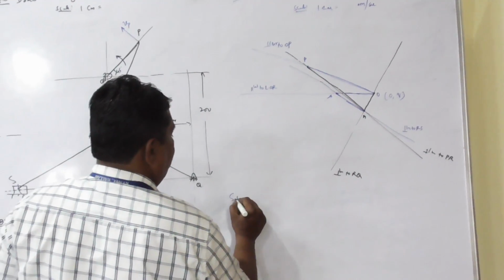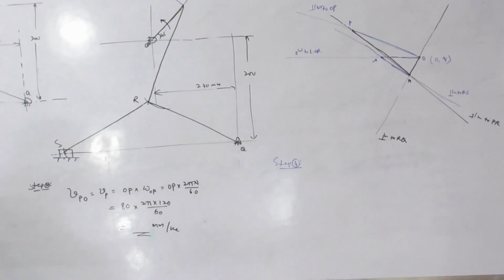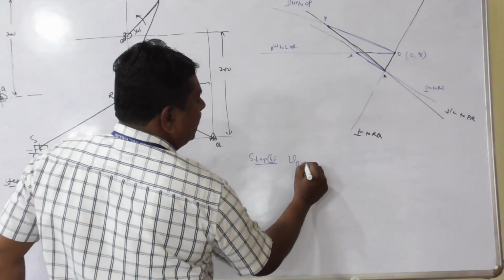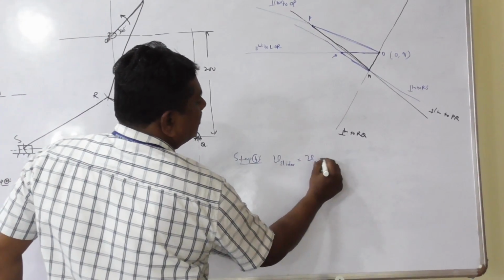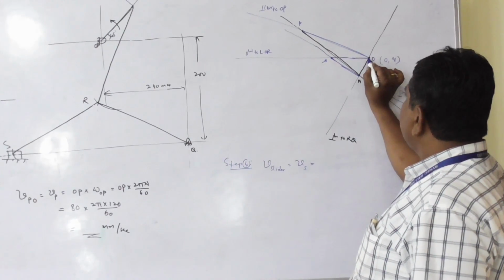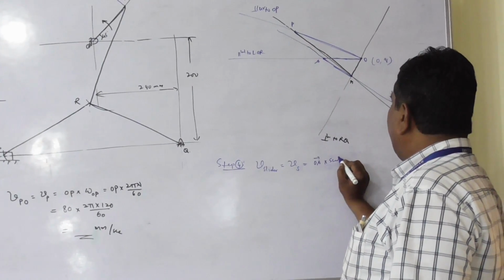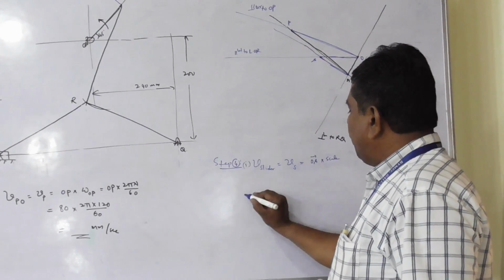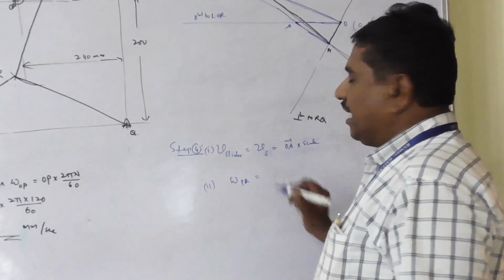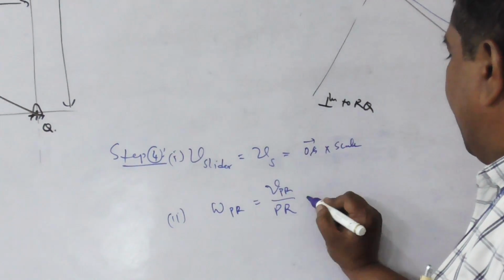Now, the last step is to determine the velocity and angular velocities of the components. First one is the velocity of the slider. S is the slider, Vs. When I write a single alphabet, it is absolute. In the velocity diagram, measure vector os into scale. Second, angular velocity of link PR is velocity of PR by PR.